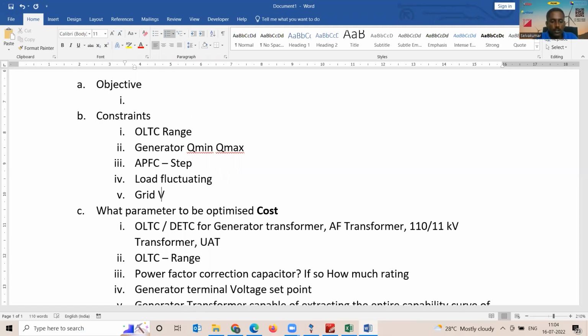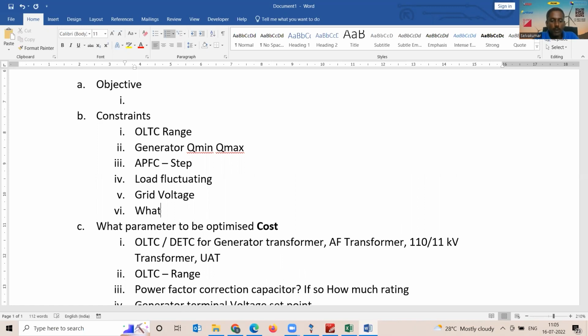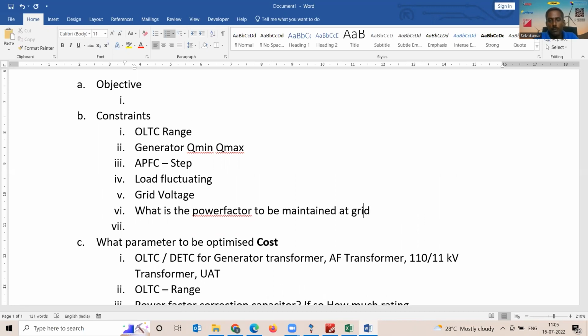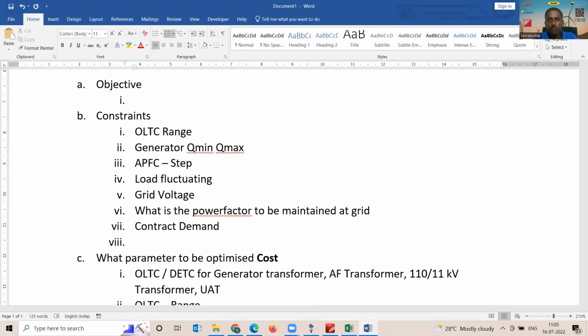Grid voltage fluctuation could be a constraint. The power factor which you need to maintain at grid might be a constraint. Contract demand, essentially you cannot exceed, otherwise you will have a problem of huge penalty. Contract demand could be a constraint.